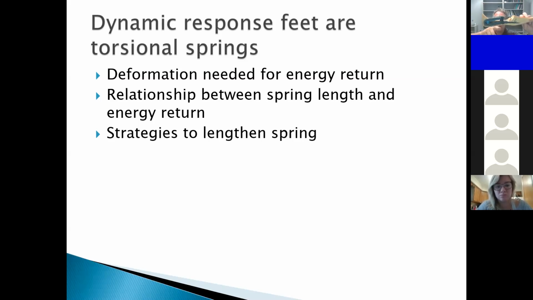What they've done in order to lengthen the spring is that they've bent it over like a horseshoe. Okay, so instead of just having it coming straight up, it's bent over, so the spring is longer, and the longer the spring, the more the opportunity for deformation of the spring, or bending of the spring, and the more the opportunity for energy return, right?